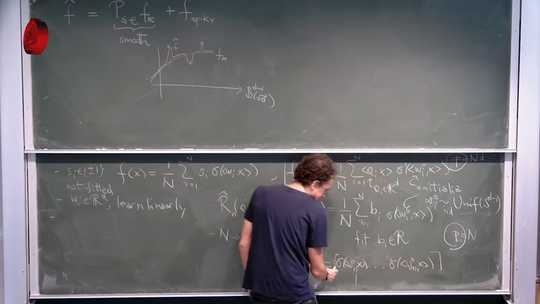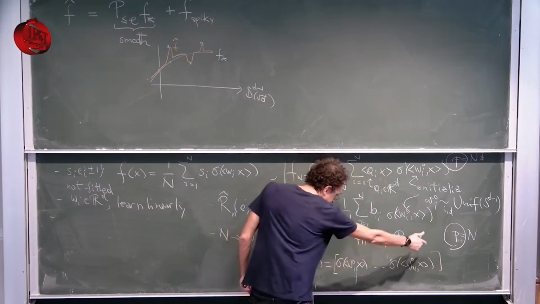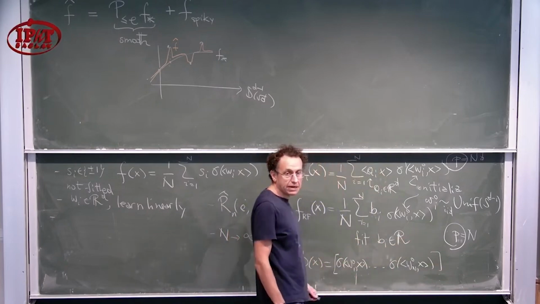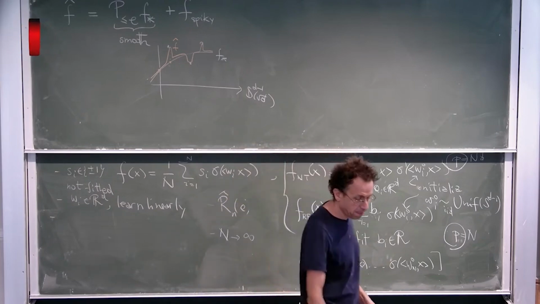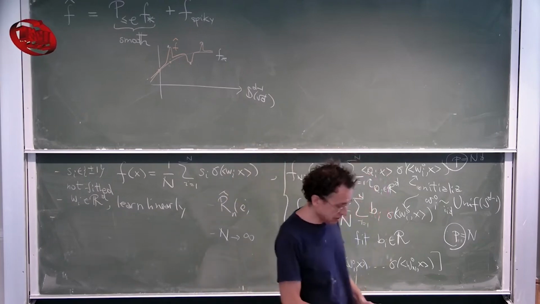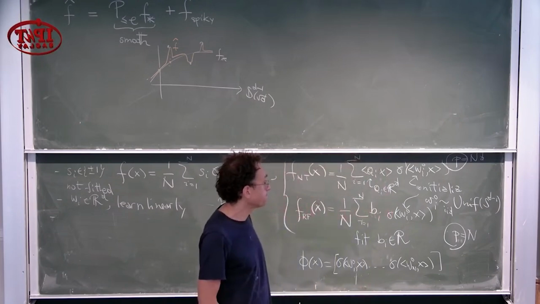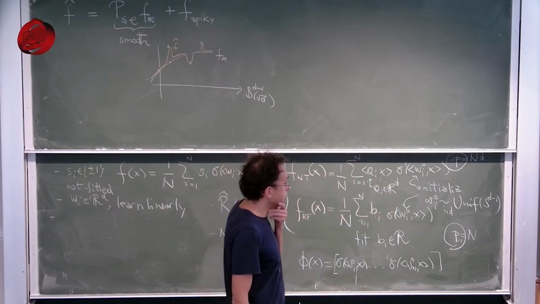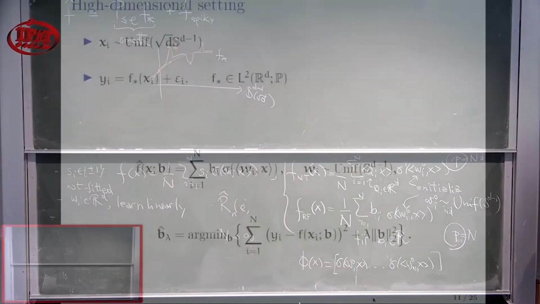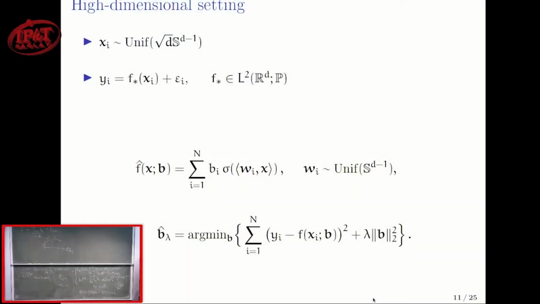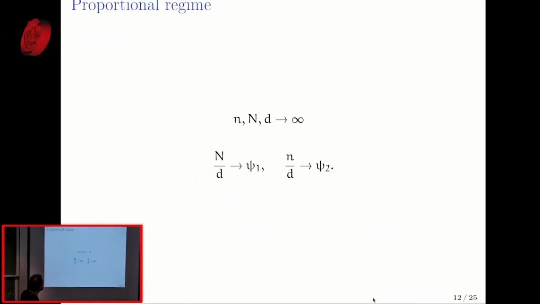The nice fact is that for a fixed x, all of these coordinates are independent. This is not the case in the neural tangent model, so this makes the model simpler to analyze. So what happens if you do ridge regression in this model?